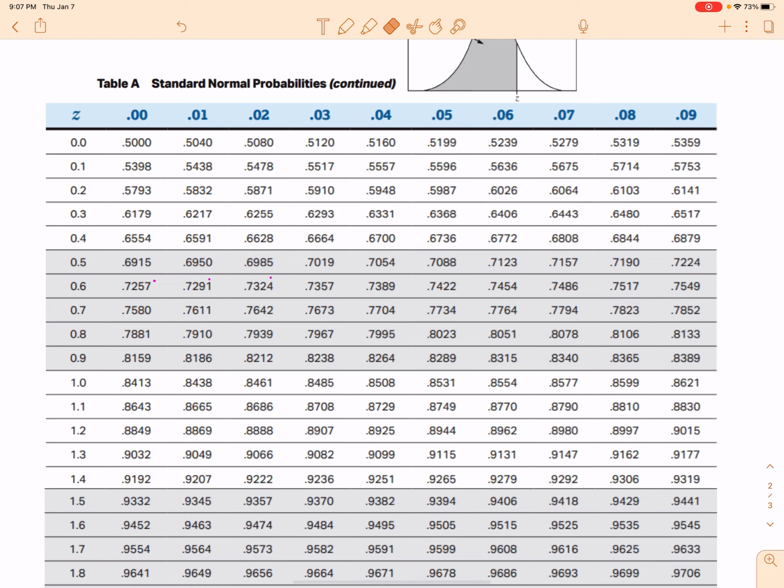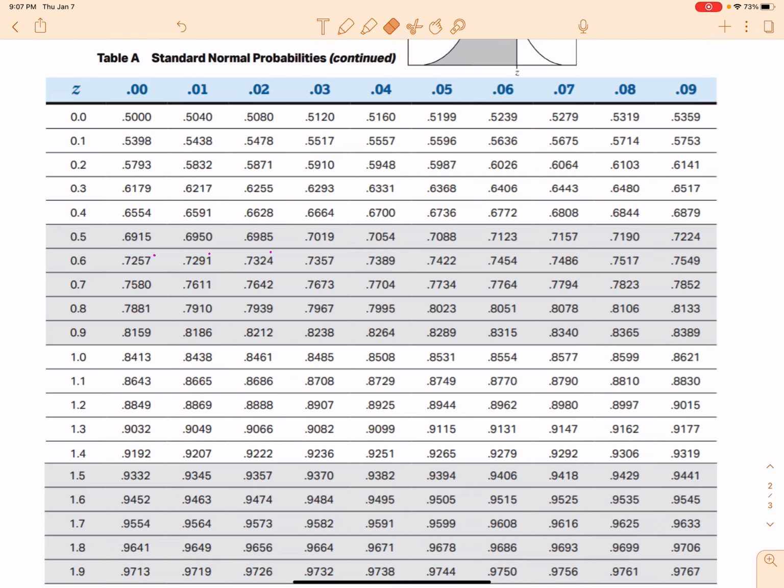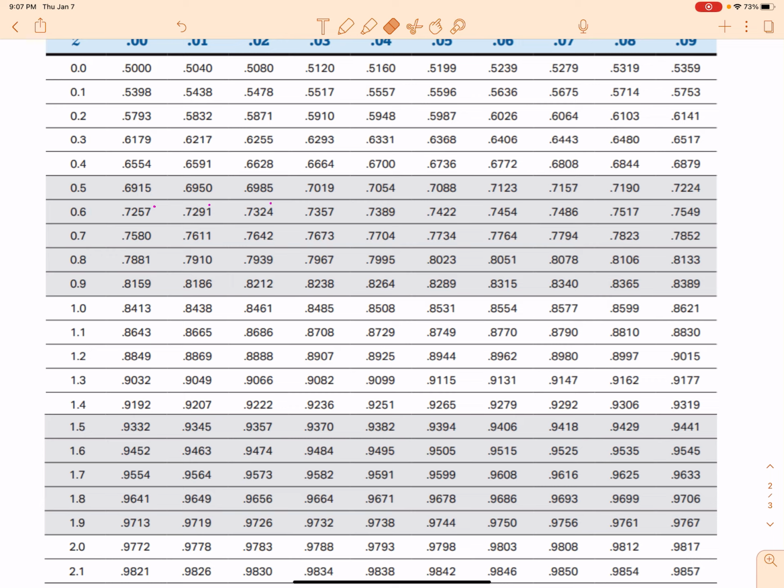So I'm now going to look within those to find a value that as closely matches 80% as I can. So remember that this value that we just found with Staplet, it is above the mean. So that indicates that a z-score would be positive. So we're in the positive portion of the chart. That's a good place to be. That's where we need to be. So I'm going to find a value that is as close to 80% as I can.